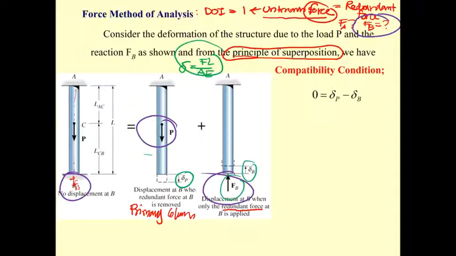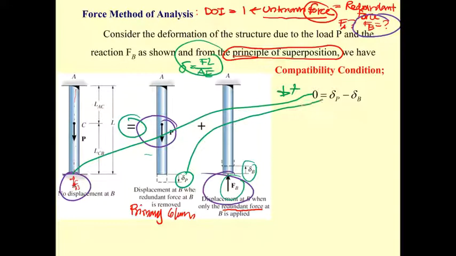So downward you take as positive. What we have is 0 equal to delta P plus delta B, and since delta P and delta B have opposite directions, we have the negative sign here. And this is going to be elongation.